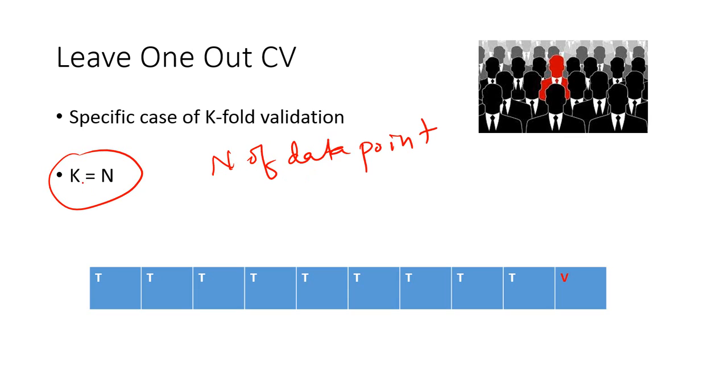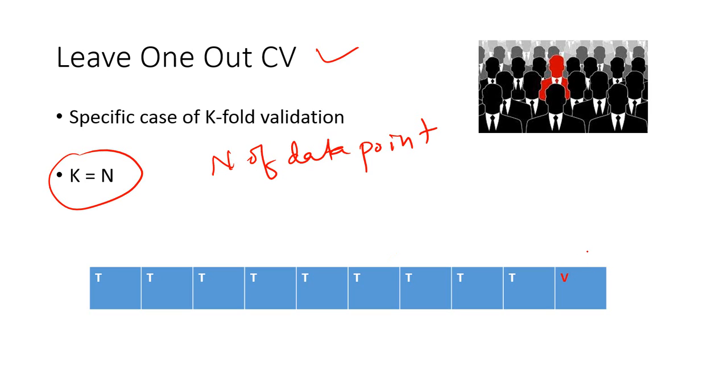When the total number of splits that you are going to have is exactly equal to the number of data points in your sample, we call that leave one out cross validation technique. So we'll do pretty much the same as what we have done in the k-fold cross validation, except that here we do not have a subsample as a validation sample. We just have one data point.